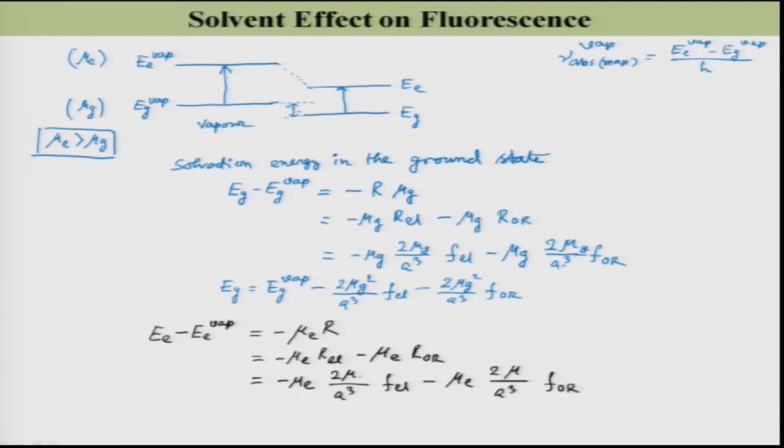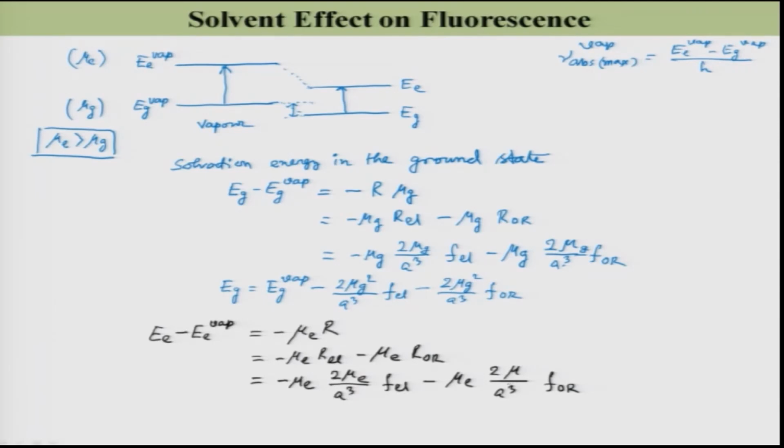Now, the question is which mu I should put over here. Electronic change is very fast, so that mu should be mu_E. However, this is the orientational change, that is orientational relaxation.